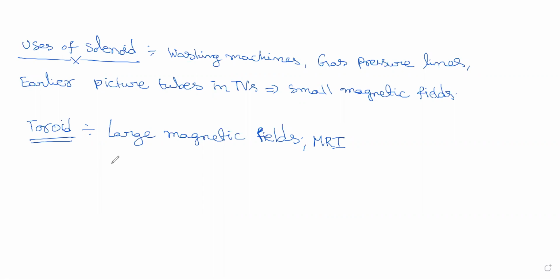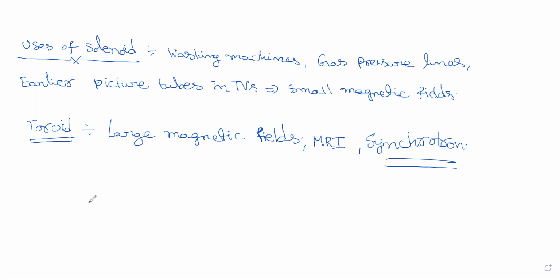They use toroids. And the other device is the synchrotron. So these are the devices in which we use the toroid and solenoid.